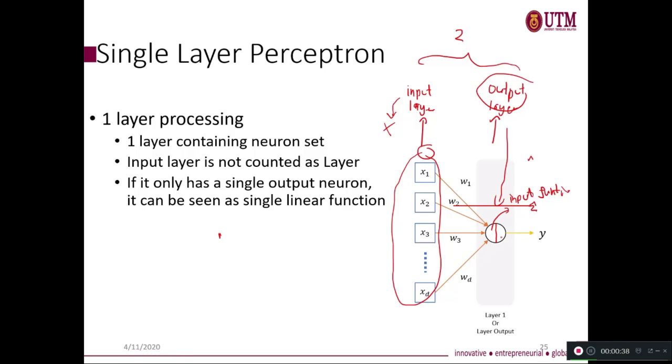And the other one is the activation function, where I use the symbol F. So for each neuron, of course, in this single layer perceptron, you only have a single neuron at the output layer.